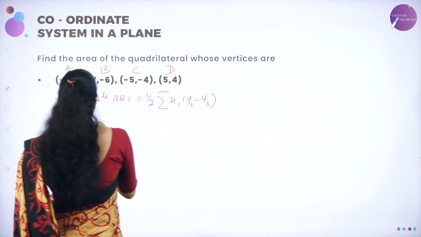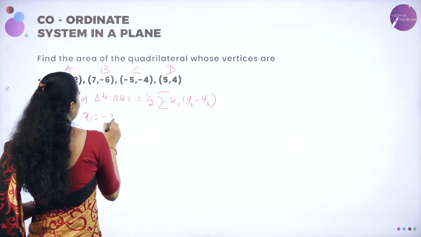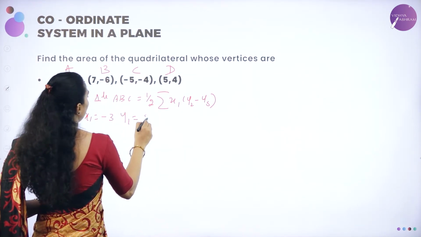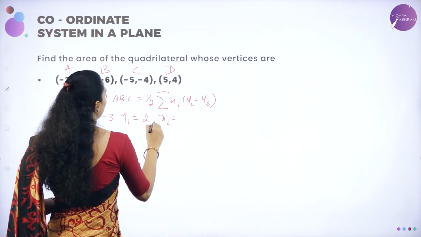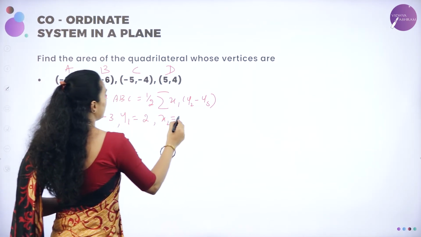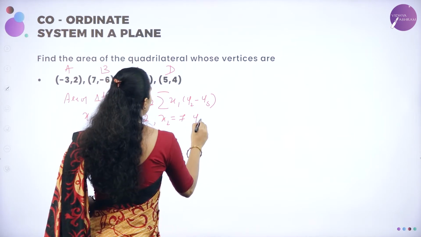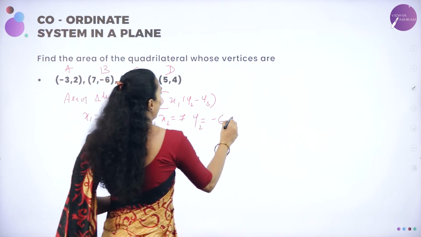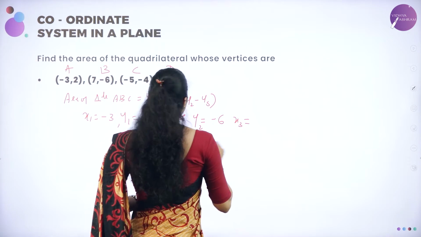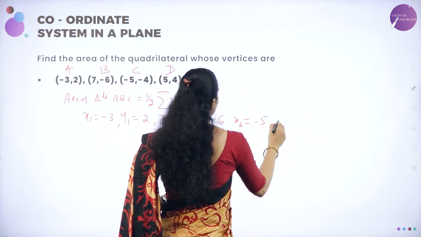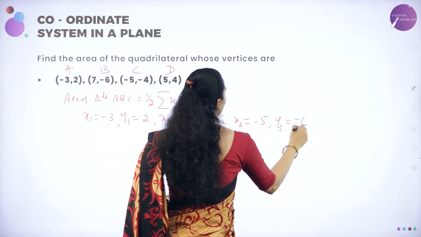Let me write down the values. x1 is equal to minus 3, y1 is equal to 2, x2 is equal to 7 and y2 is equal to minus 6, x3 is equal to minus 5 and y3 is equal to minus 4.